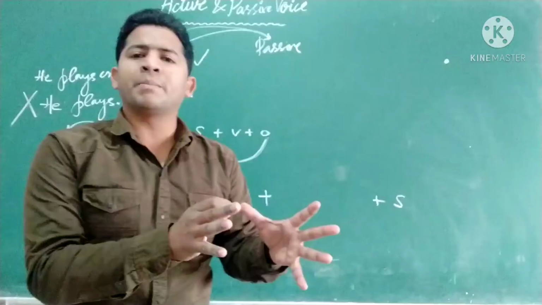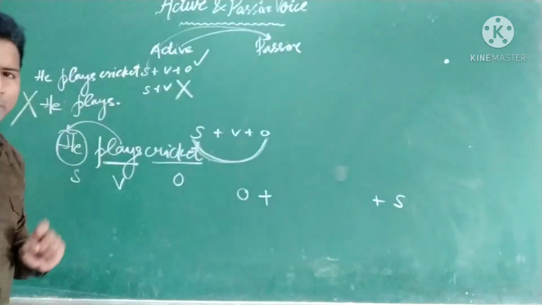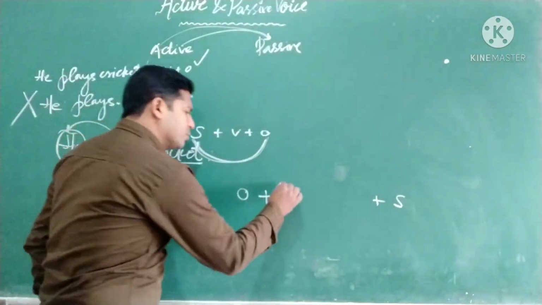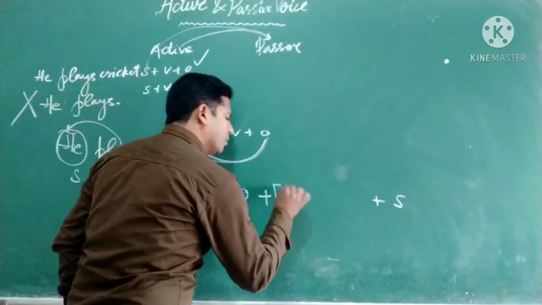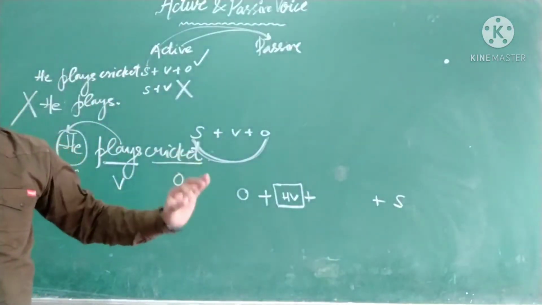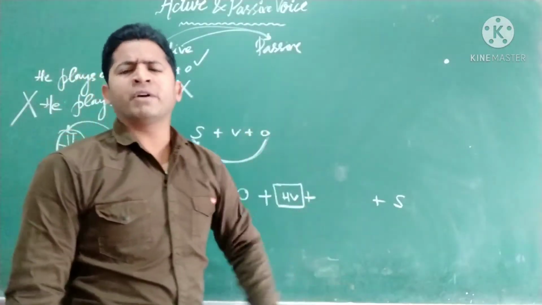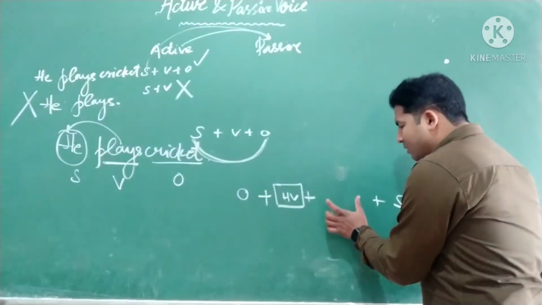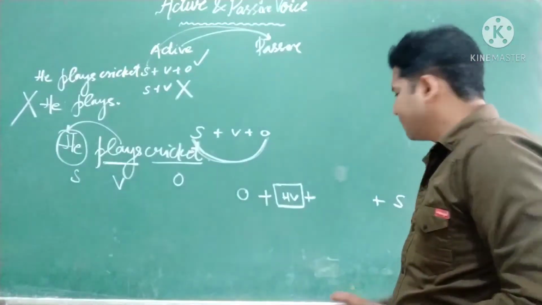So we interchange the positions of object and subject. Number one thing. Right? Now, you have to use a helping verb. We use a helping verb just after the object. And my dear students, make sure whatever verb is given, whatever action is given, you will have the third form of the verb written.